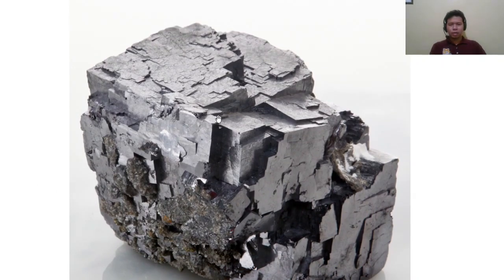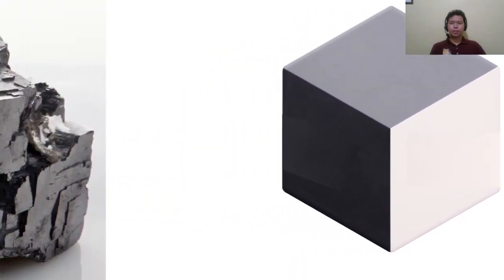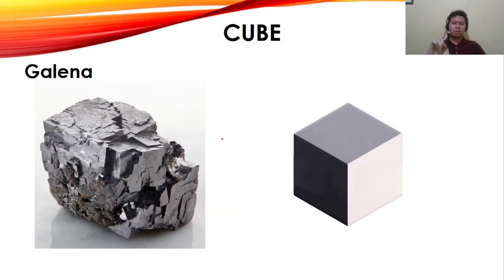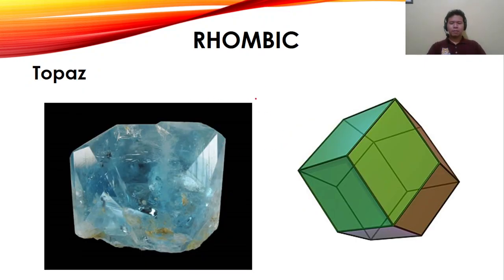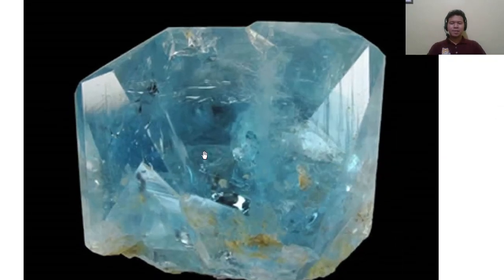If this is broken down into smaller substances, it turns out to be this one, having a cube-like structure. That's one of the many shapes of a mineral. Now, we also have another shape, the rhombic shape, such as in topaz. It has several sides when broken down into smaller pieces.